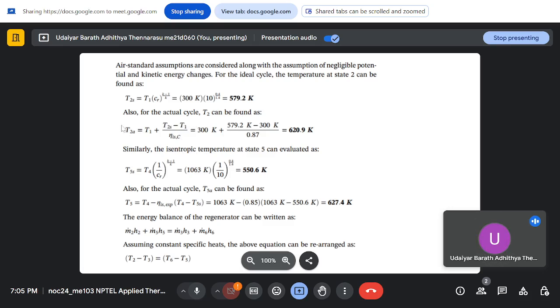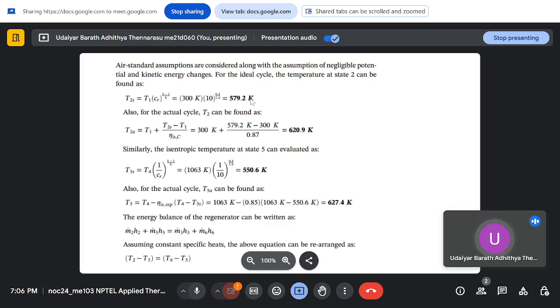So this becomes T2 actual is T1 plus T2s minus T1 by your isentropic efficiency of the compressor. This is nothing but you are writing in terms of enthalpy, assuming Cp is constant, and so H is Cp delta T. So Cp gets cancelled, so we can write it in terms of temperature. Substituting, T1 is 300 Kelvin inlet to the compressor.